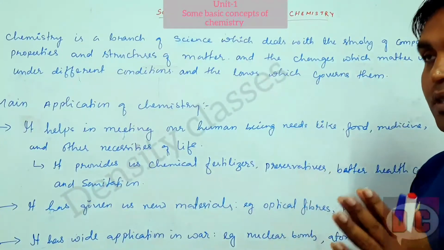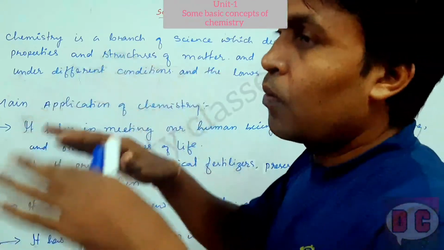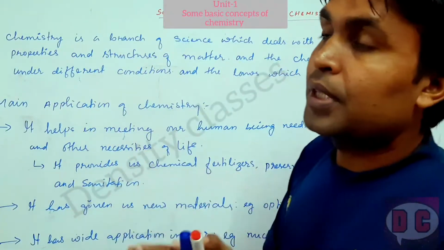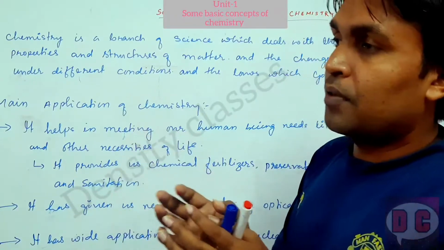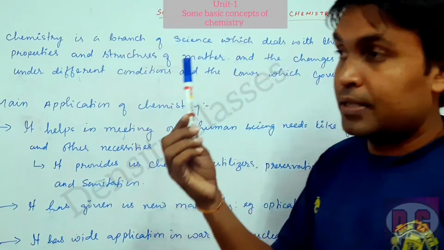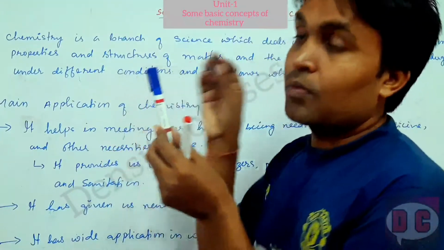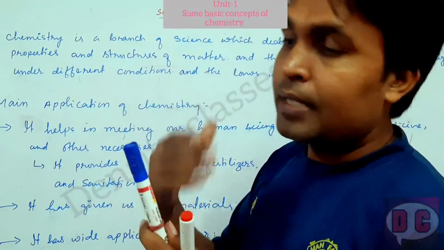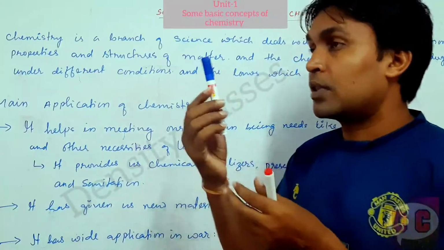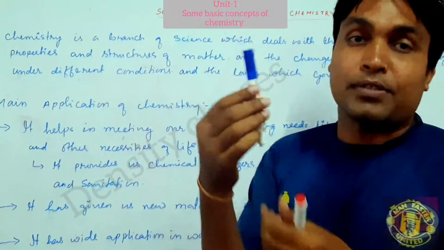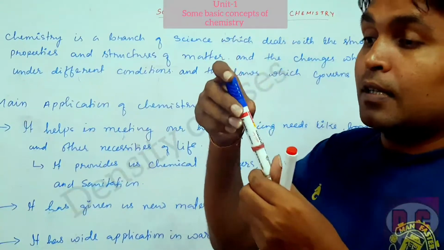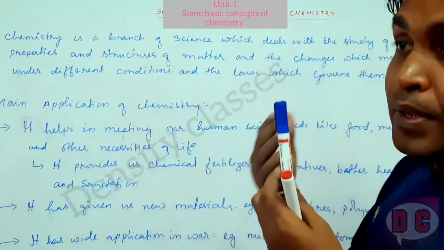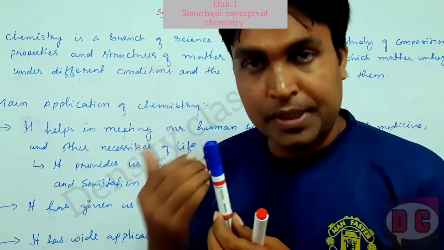Chemistry is one branch of science where we study the composition of substances. Like this marker: what chemicals and substances we have used to make this marker is called its composition. What raw materials are used for manufacturing these markers, we are able to study only with the help of chemistry.